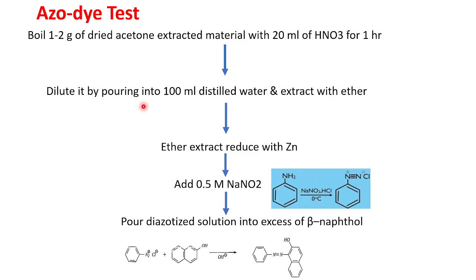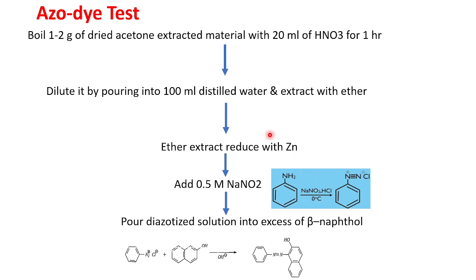After successfully doing that nitration, you need to dilute it by pouring into 100 ml distilled water and extract with ether. After that extraction, you have to reduce it. So first you do nitration, then you have to reduce it to NH2. That reduction is actually done in presence of zinc.